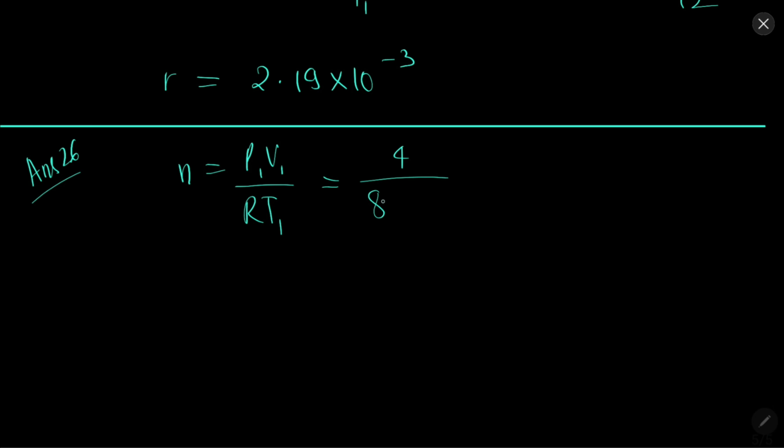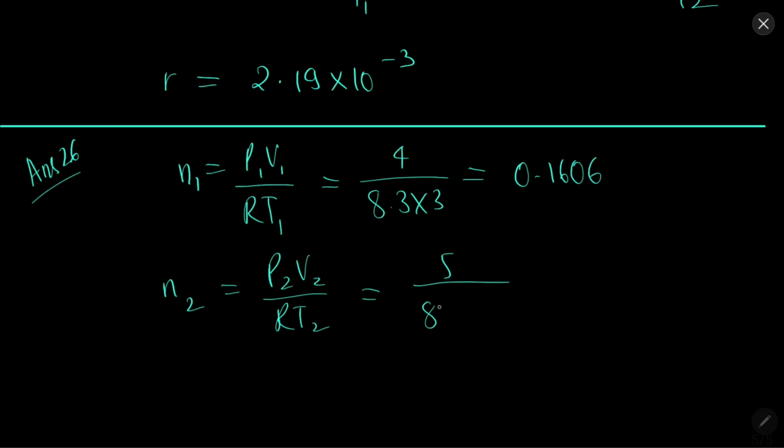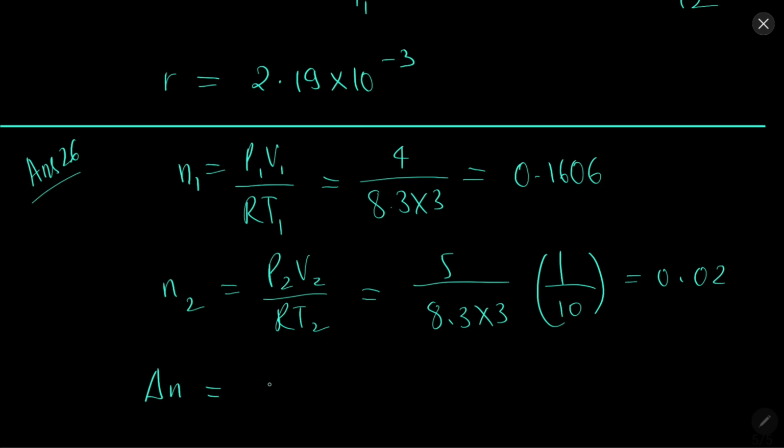So it will be around 0.1606, and in second scenario P2 V2 over RT2 it will be around 0.02. So the number of moles that have leaked are 0.16 minus 0.02, around 0.14 moles.